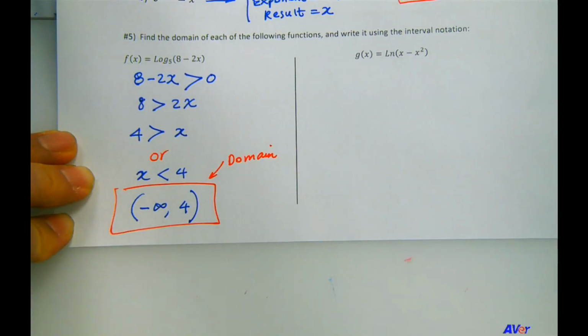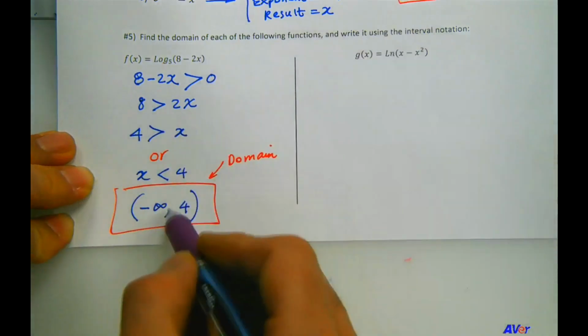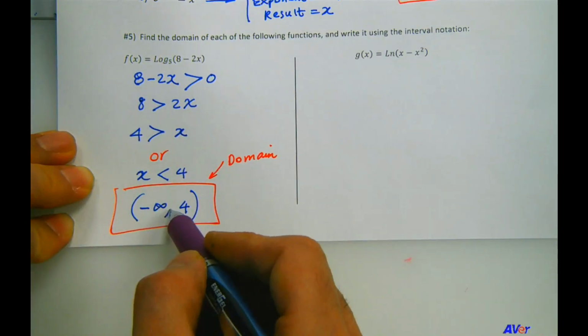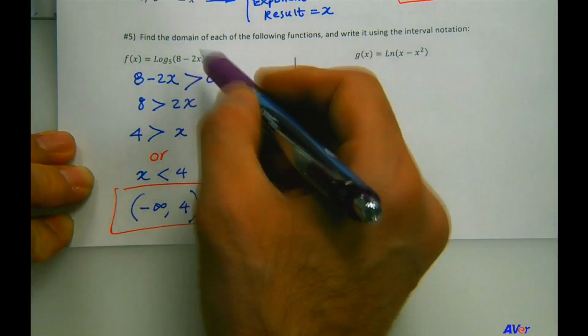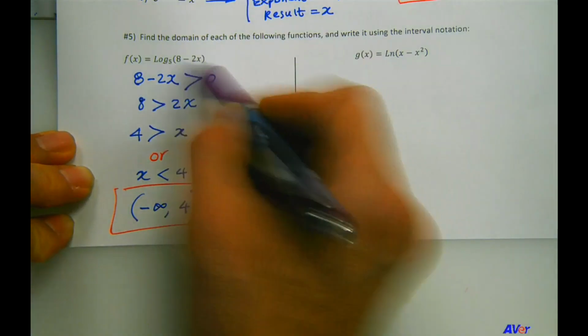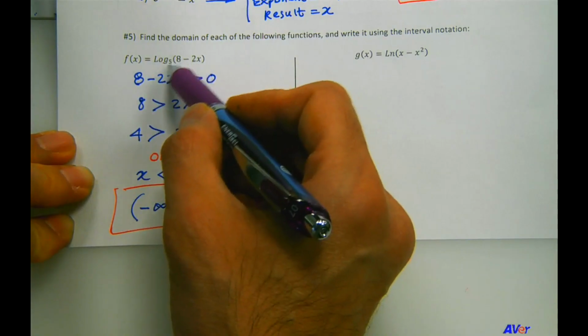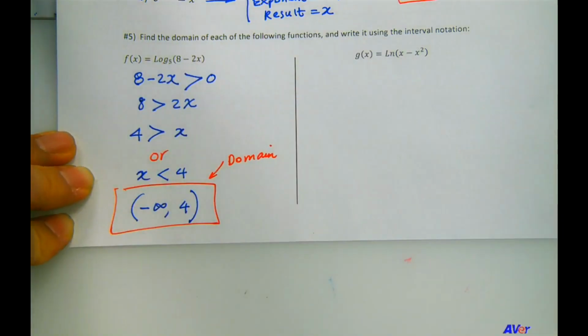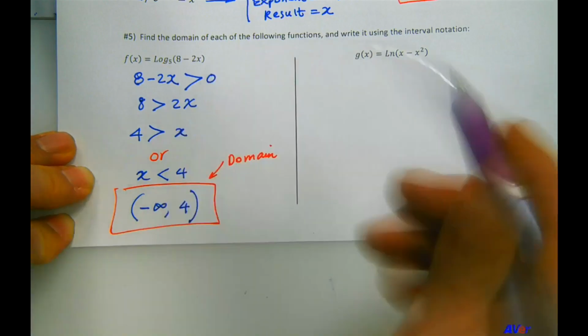We just can't. It'll be undefined. Pick another value in this range that should work. So that would be 0, right? Plug in 0 here. What do you get? You get 8 minus 0. Log of 8 to base 5 certainly exists. So you can test it quickly.